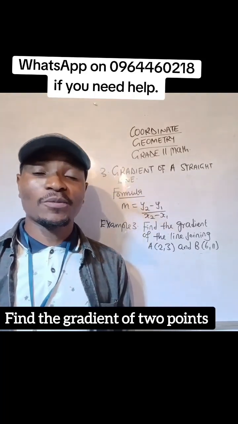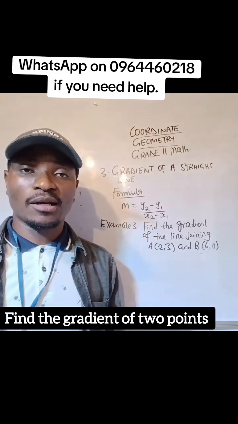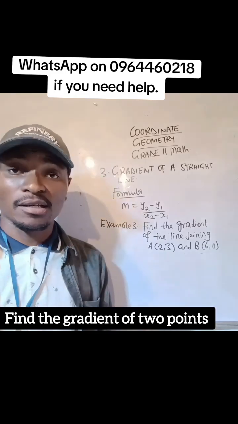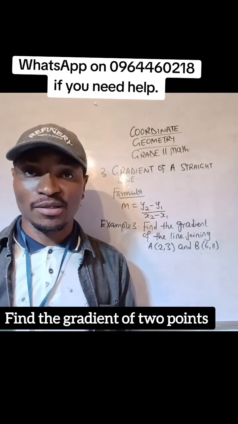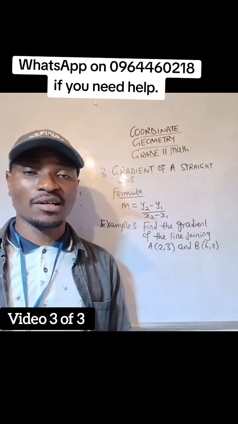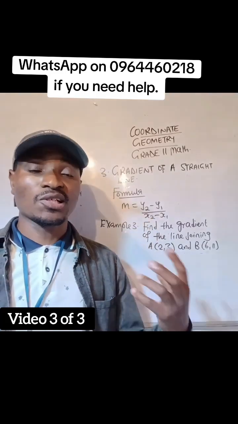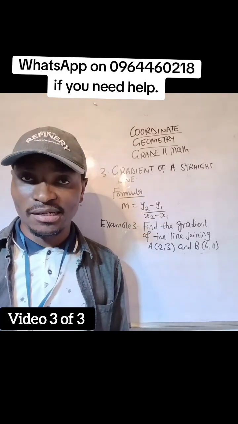Okay, so welcome to the last part of this episode, and we are looking at the gradient of a straight line. So what does gradient mean? Gradient is just the slope, or rather the steepness of a particular line.